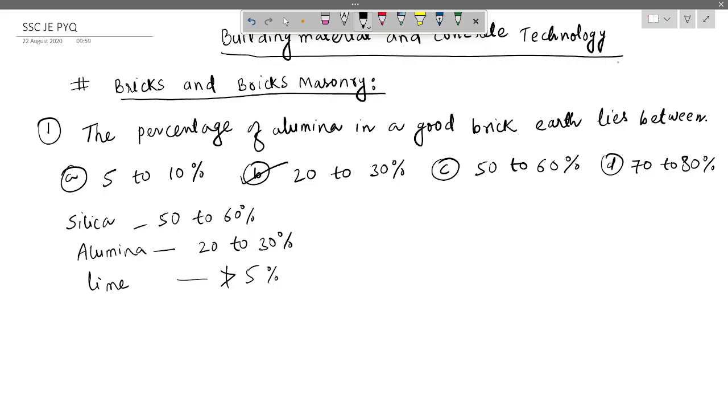Then iron oxide, which is also called ferric oxide, will be approx 5 to 6%. Then magnesia, which should not be less than 1%.